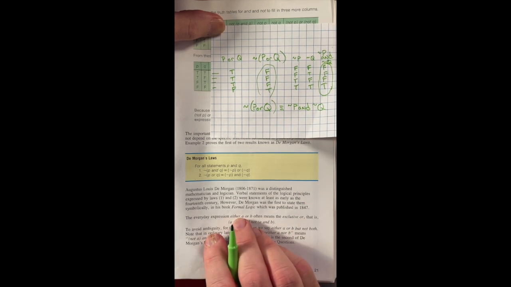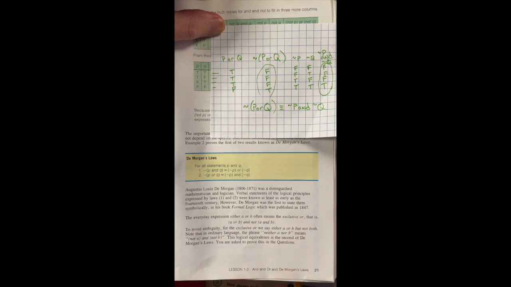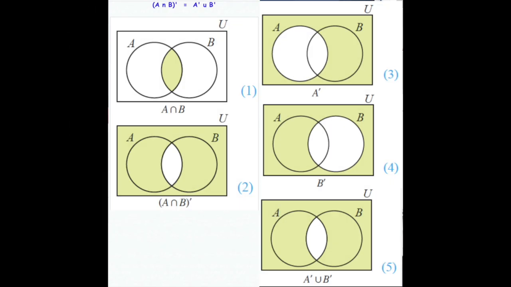Your book does not use the Venn diagrams that I used in class, but when you look at the Venn diagrams, you can see, let's do the not and first. You'll notice that the first Venn diagram here shows A and B. That upside down U means and, or intersection.